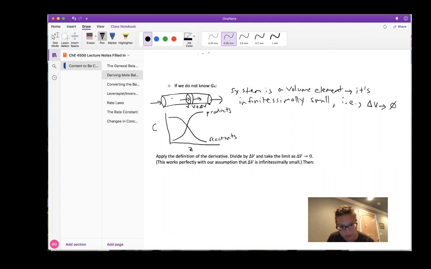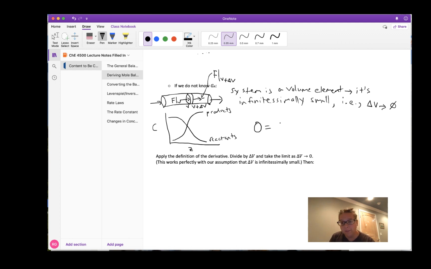And I can call this F, evaluated at V, and then F evaluated at V plus delta V. And so now I can take my balance. So this is a steady state reactor. So my accumulation term is equal to 0.